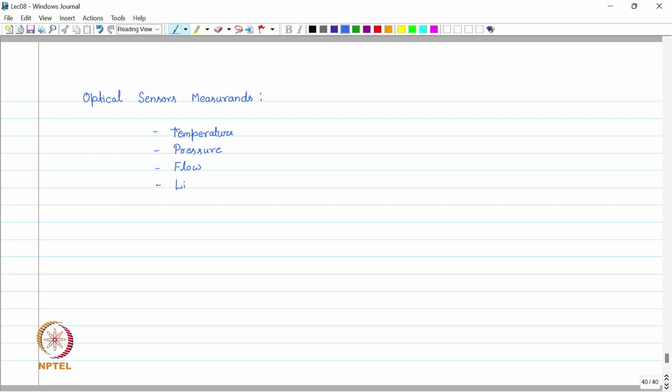The liquid level, displacement, vibration, rotation.